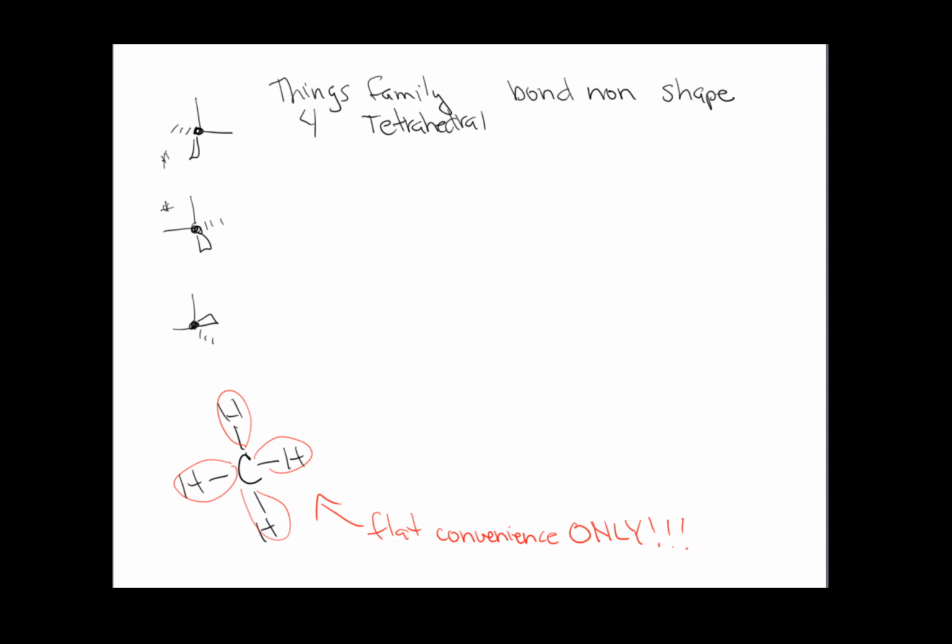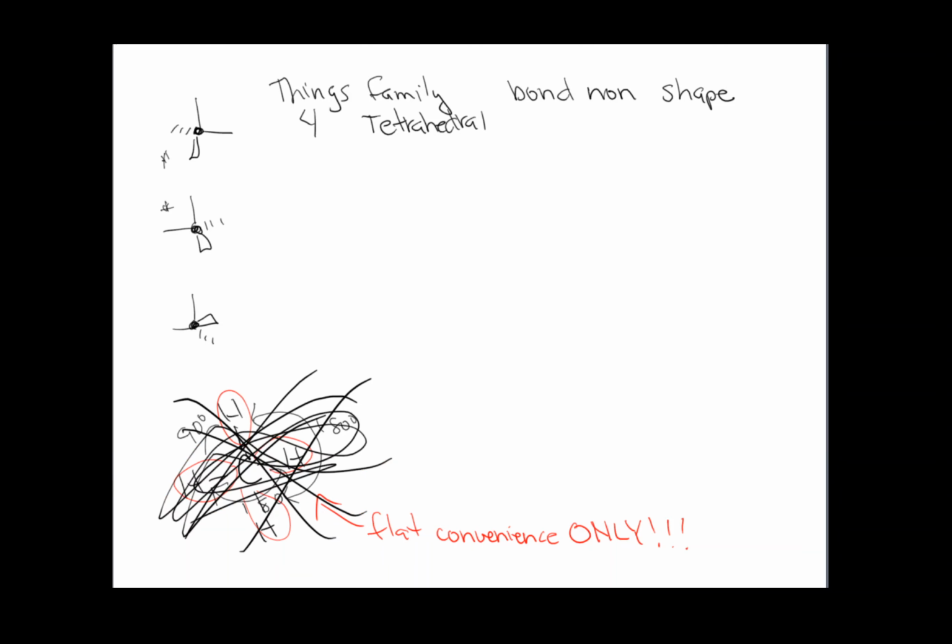What is the name of family 4? It's tetrahedral. Well, what angles are always in tetrahedrons? They're 109.5. Well, no, Jolly. Look, that looks like 180 degrees to me. And that looks like 180 degrees to me. And this looks like 90 degrees to me. And that looks like 90. No! Okay, it is drawn flat for convenience only.